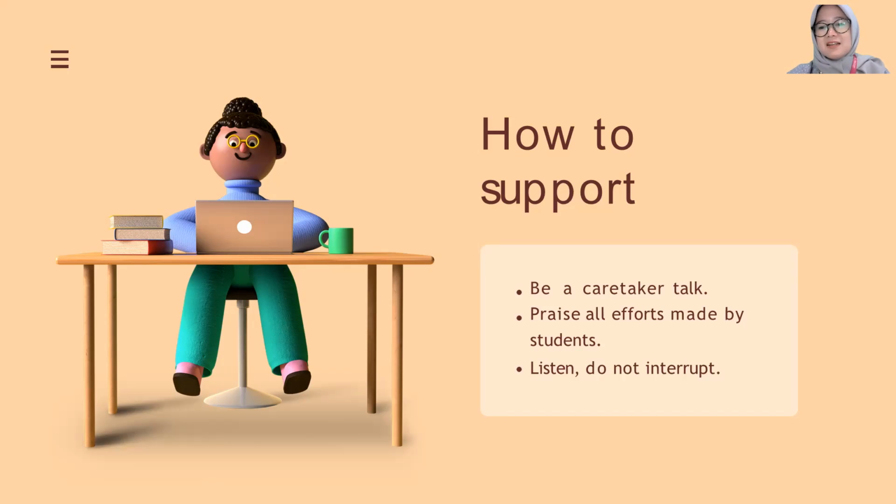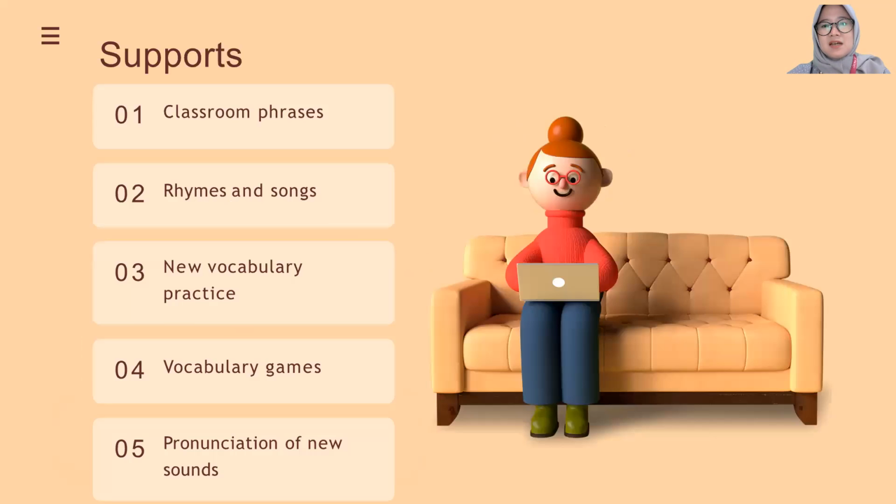And then listen, do not interrupt. Even though a student makes a mistake, for example, or an error while they are speaking, just wait until he or she finished, and then give the positive comments and correct the error in a nice way after he or she finished speaking. Okay, don't interrupt them.